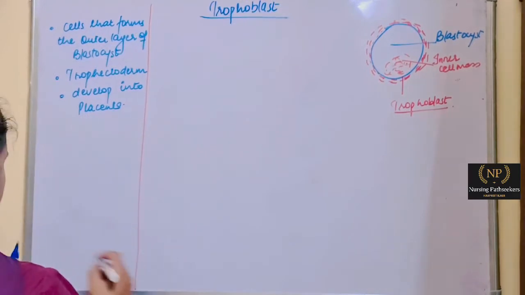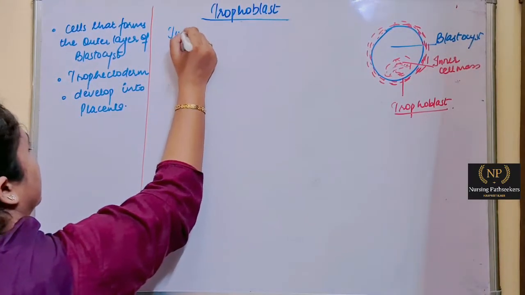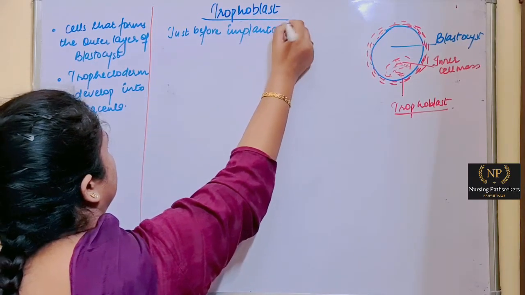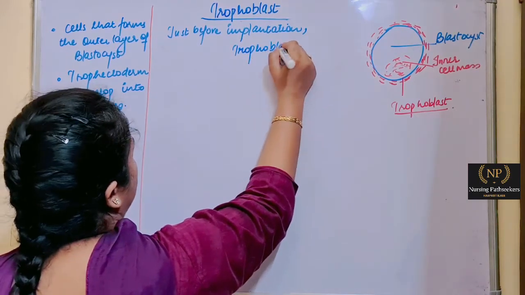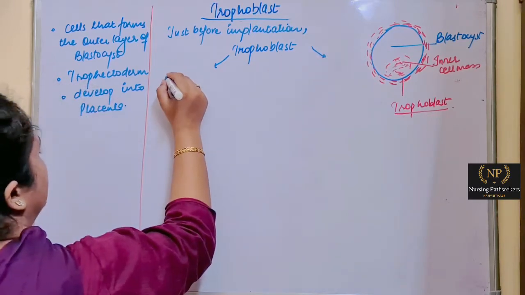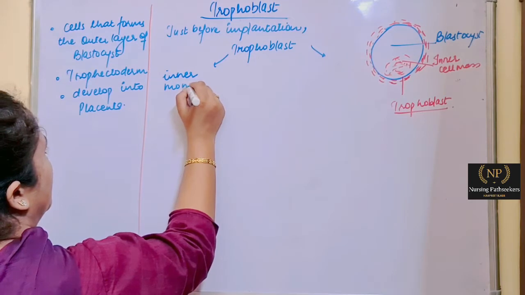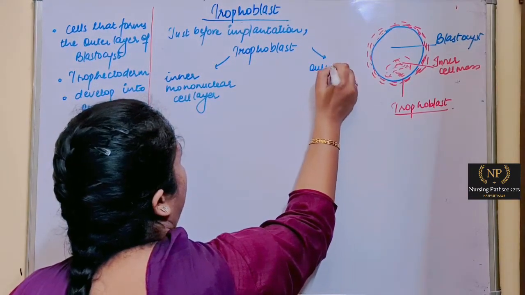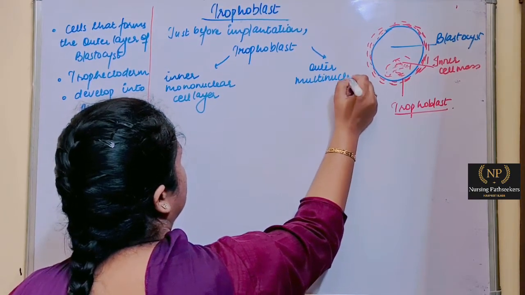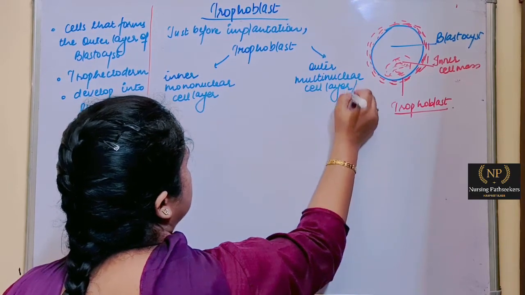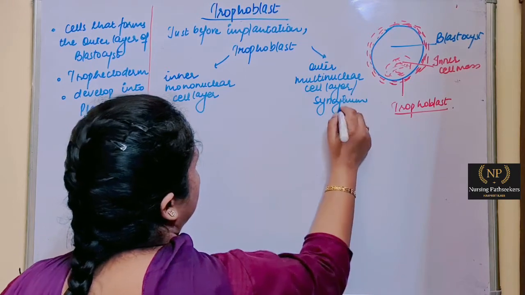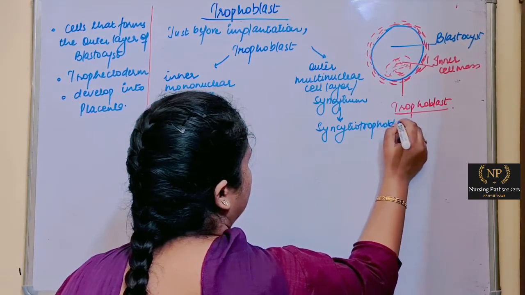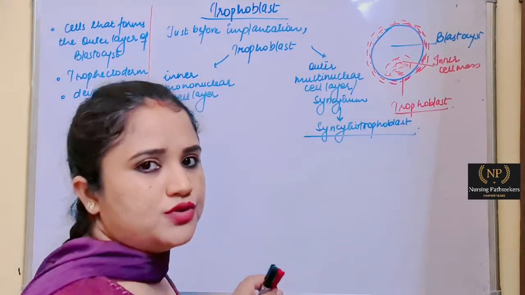Now what happens? Just before implantation, the trophoblast divides into two parts: the inner mononuclear cell layer and the outer multinuclear cell layer or syncytium, that is called syncytiotrophoblast. This outer layer will form syncytiotrophoblast.